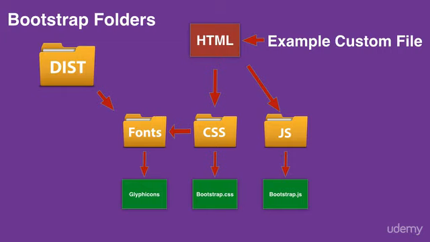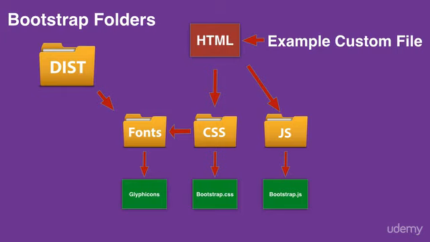Let me just recap what we went through. When you download Bootstrap, you're going to get a distribution folder. Inside the distribution folder, you're going to have 3 folders. They might change it in the future, but that's what it is now. You're going to get the fonts, the CSS, and the JS. Inside the fonts, you're going to have the glyphicons, the icons. Inside the CSS, you're going to have the main styles, bootstrap.css.